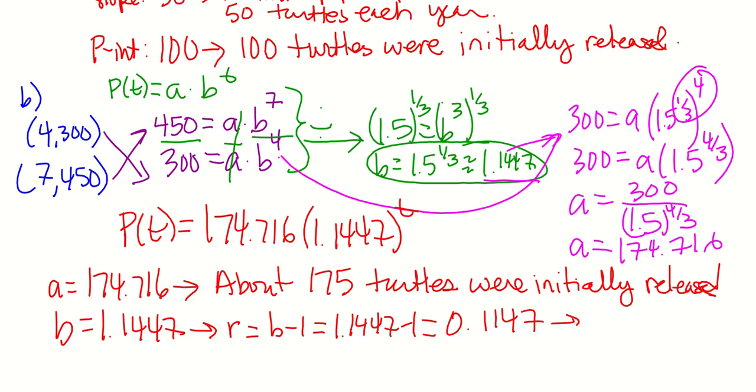So if I take that and I change that to a percentage by moving that decimal twice, I think I wrote that wrong. Okay. Then I get a growth rate of about 14.5%, rounding on this 4.